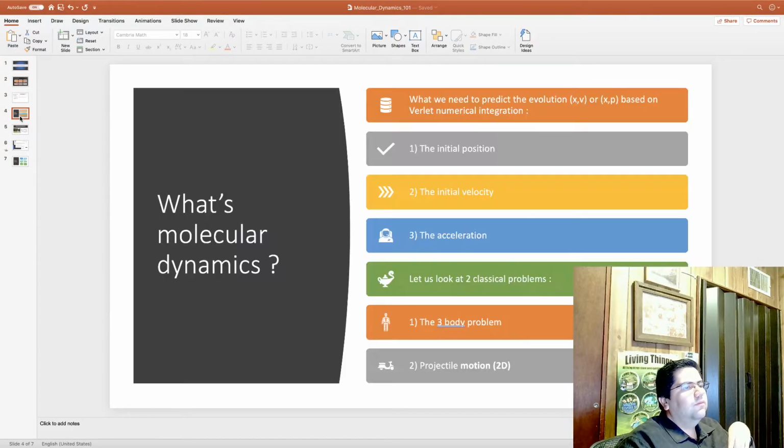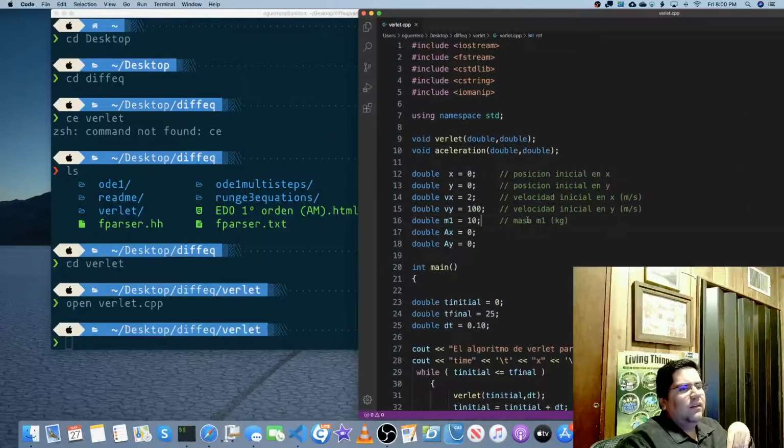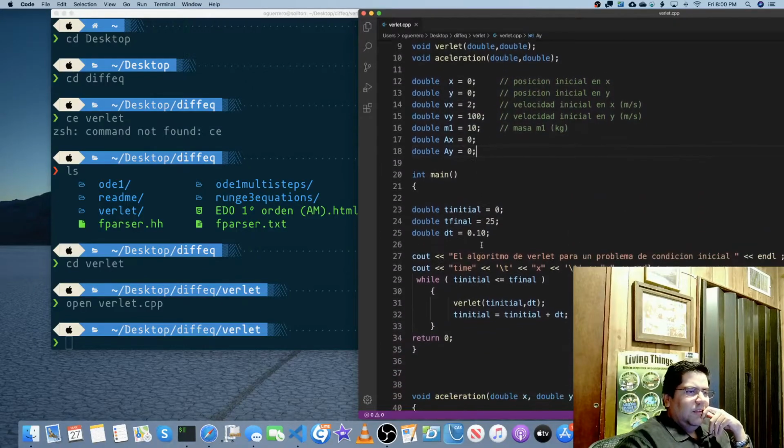If we want to find the momentum, p, we need the mass. But if I have a velocity, I only have to multiply by the mass and I can find the momentum. And then I need to have the acceleration. Right here I put ax equal to 0 and ay equal to 0, because that's to initialize my acceleration.